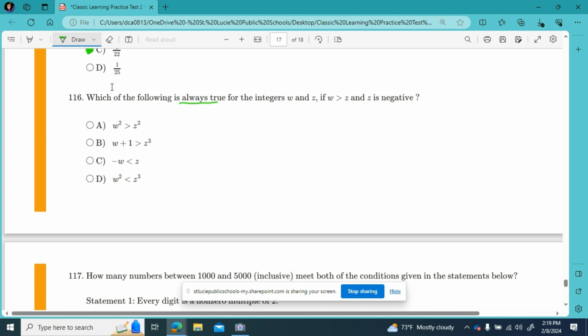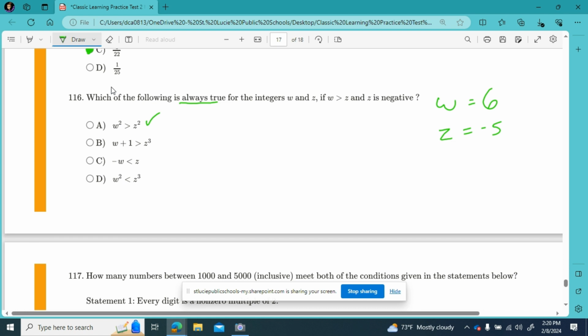What if I said w is 6 and z is negative 5? I'm just going to make up some numbers, right? Z is negative and w is greater than z. Okay, so is it always true that w squared is greater than z squared? 36 is greater than 25. That would always be true.